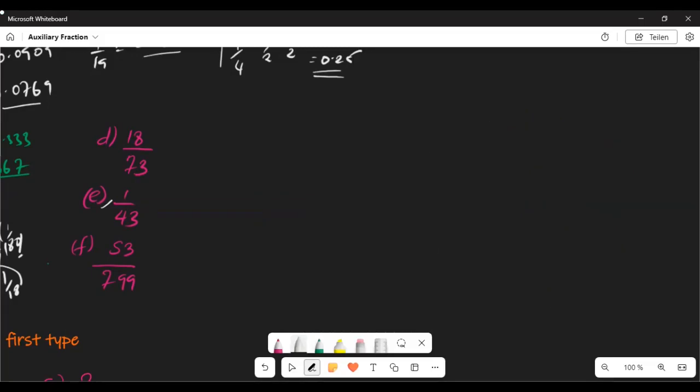So here also we have 53 over 799, which is going to be basically 53 over 1 multiplied by 1 over 799. 799 is only 1 short of 1 over 800, okay?